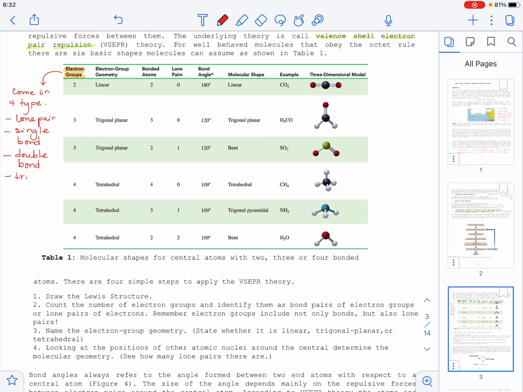And lastly, a triple bond represents one electron group. So if I continue utilizing the same example, I'm just going to illustrate on the right side of the notes the Lewis structure for carbon dioxide.